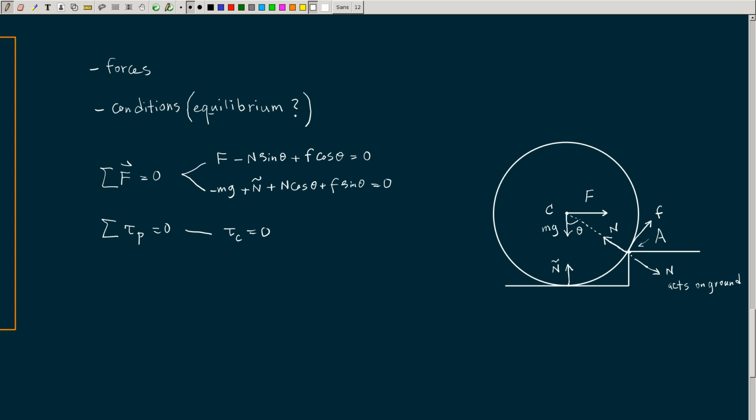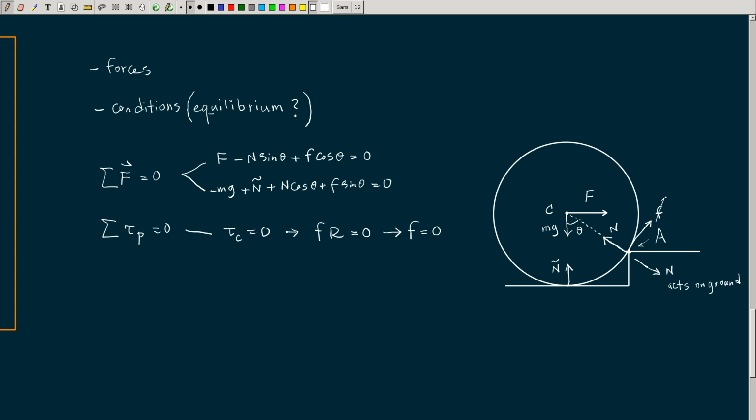Nothing. This F is the only one that remains, and it's acting in this direction, so it's positive. Doesn't matter actually, but anyway, F times r, the radius, is 0, the equilibrium condition, which will give us F equals 0. So by this equation we prove that F is 0, and we can just forget about it.